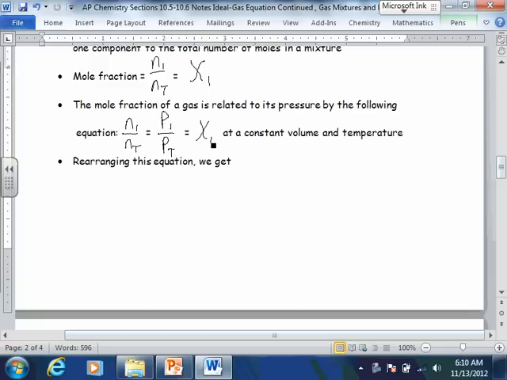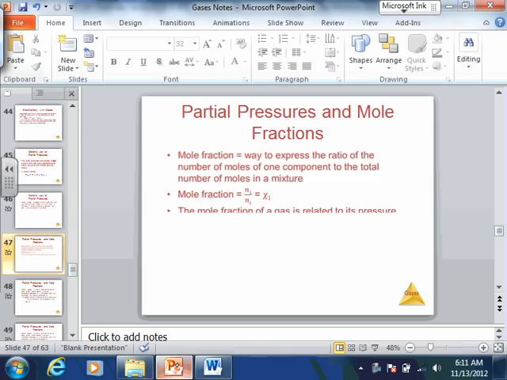Okay, so then if we rearrange this part of the equation right here, what we get is, if we want to know the partial pressure of one of the gases, we can multiply the mole fraction of that gas times the total pressure, okay, and that will end up giving us the partial pressure. Okay, so let me just show you an example of what that would look like, because I think everything else in my notes here is okay.